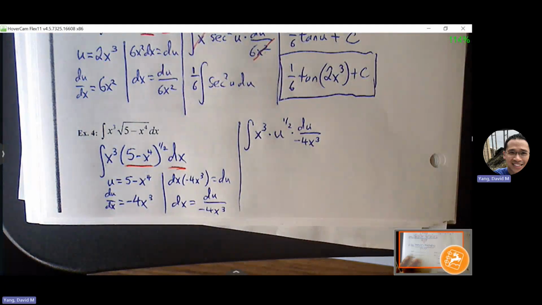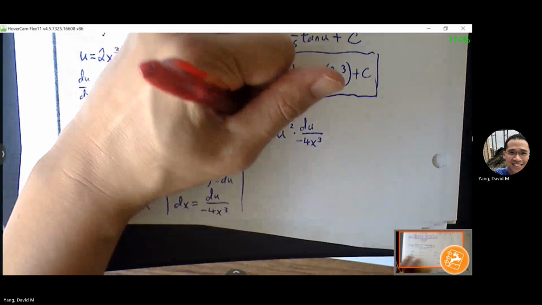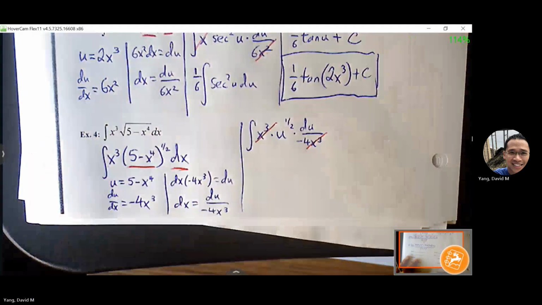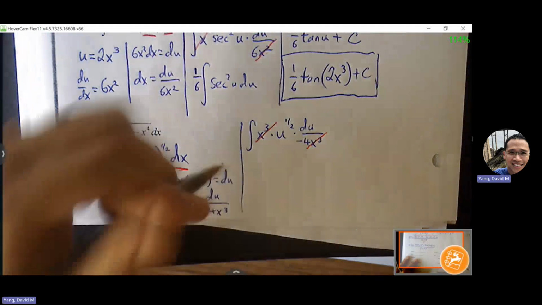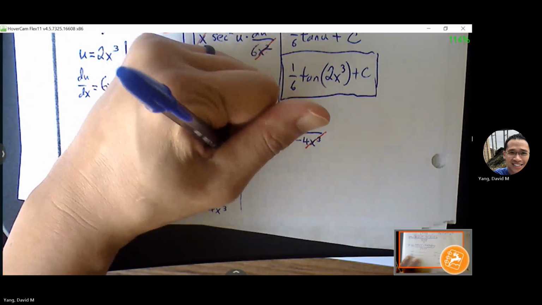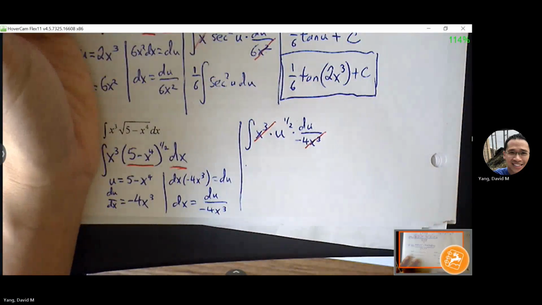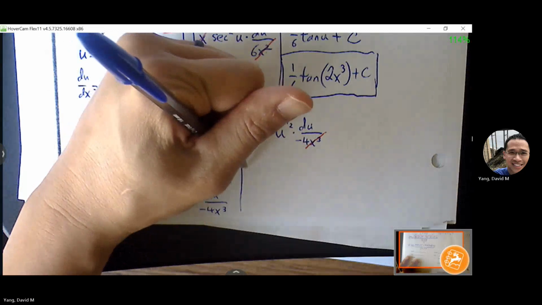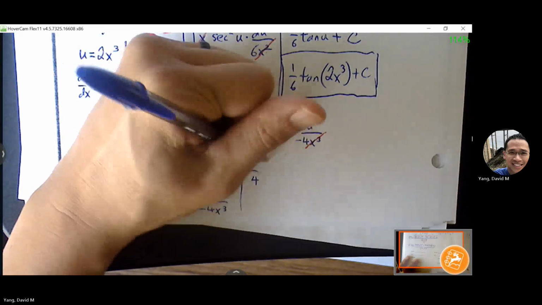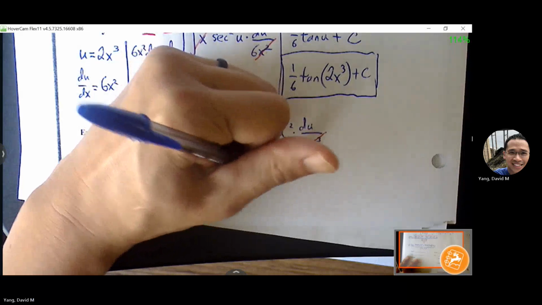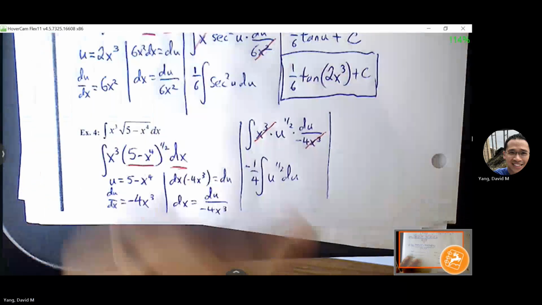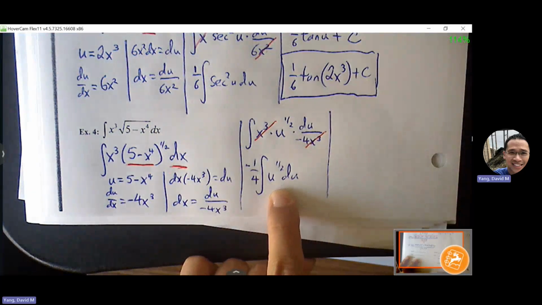Do the x's go away nicely? We're going to put that -4 in the front as -1/4. Nice and clean power rule, right?